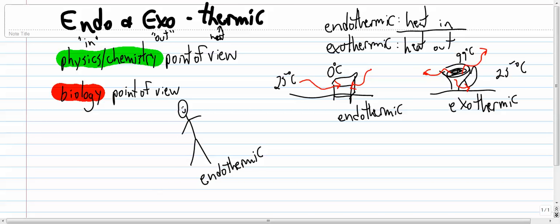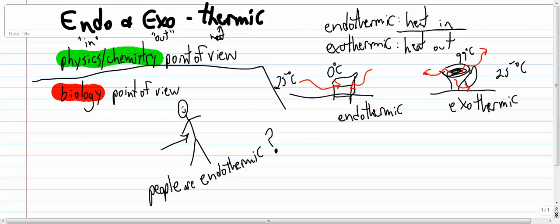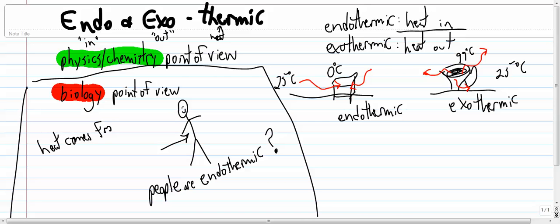And the reason why biology people will say that is because we generate our heat on the inside. So from a biology person's point of view, they're thinking, okay, our heat comes from within. So that's why they say that we are endothermic.